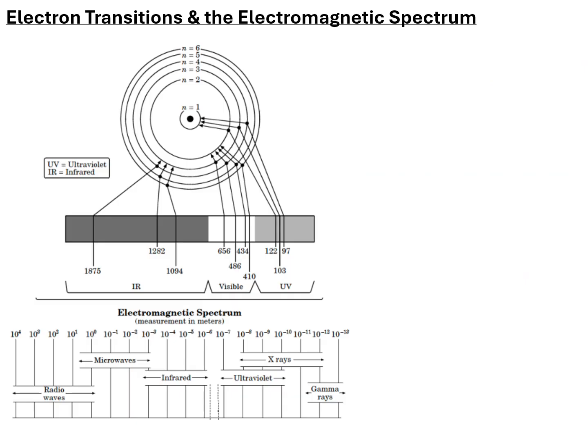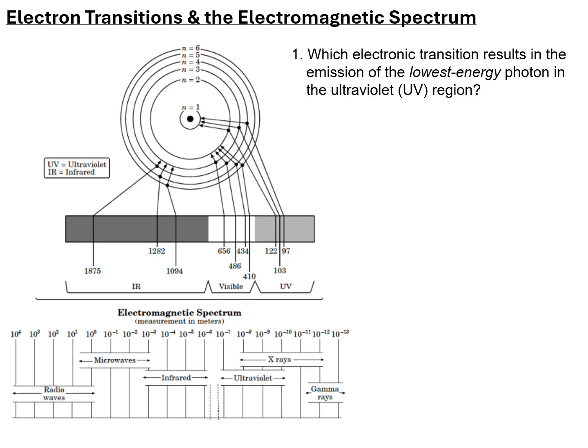All right, so now let's use this diagram in order to answer some questions. Which electronic transition results in the emission of the lowest energy photon in the ultraviolet region? This is kind of like a two-part question. We're in the ultraviolet, and it wants the lowest energy photon.